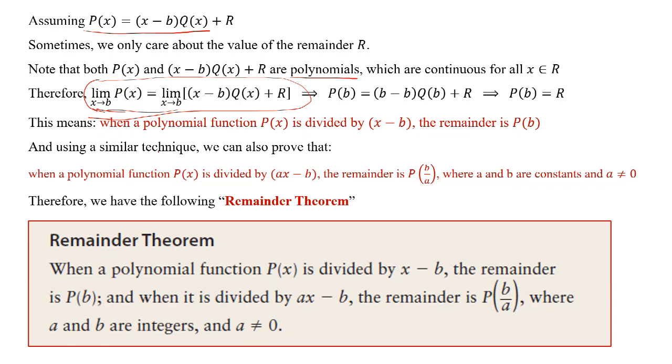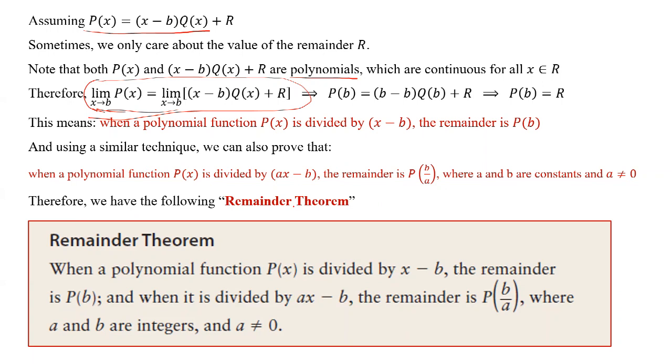And using a similar technique, that is to get the limits of both sides, we also can prove that when a polynomial function p(x) is divided by ax minus b, the remainder must be p(b over a), right? Where a and b are constants and a is not 0.